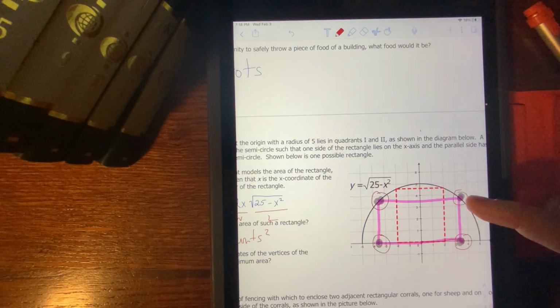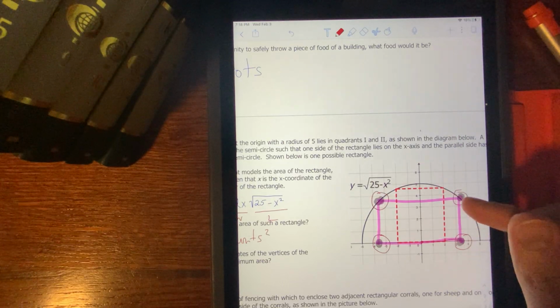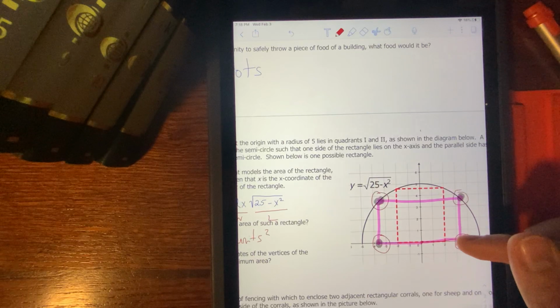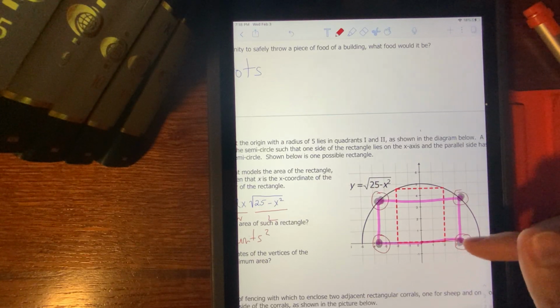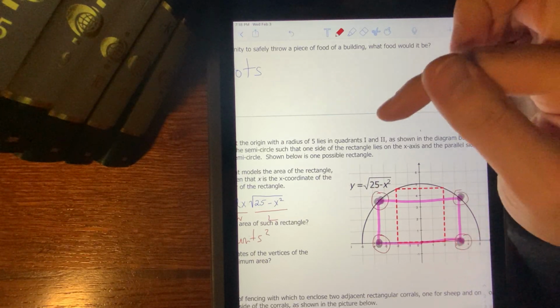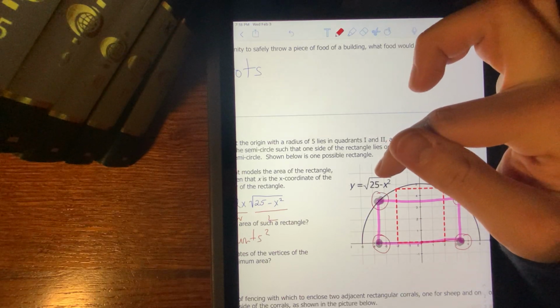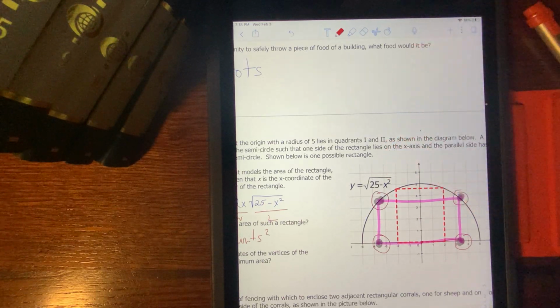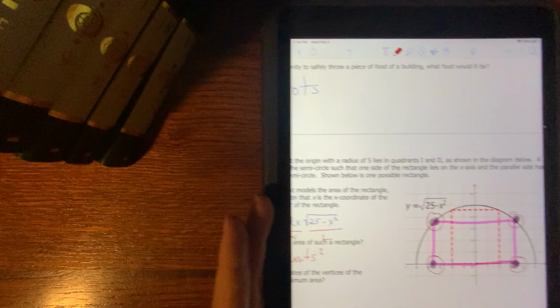Let's deal with the upper right. The upper right corner is going to come from plugging 3.536, the positive version, into this, the square root of 25 minus x squared. Let's do that.